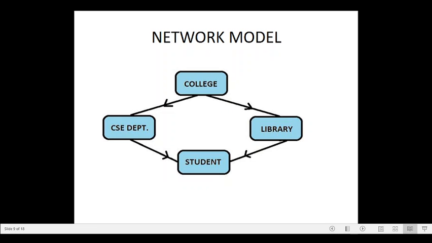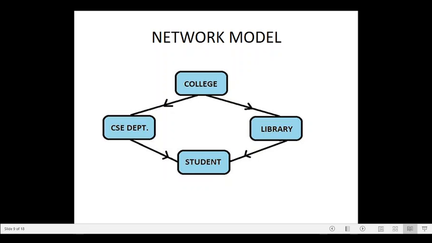Let's have a look at the network database model. We can see how networking is done amongst the relationships. In this example, you can see a parent node, which is a college, which has a computer science department.